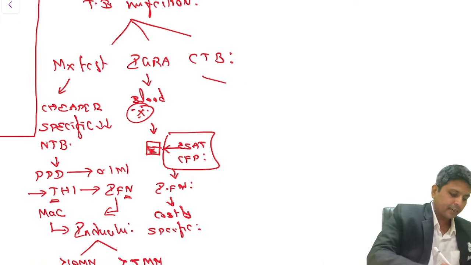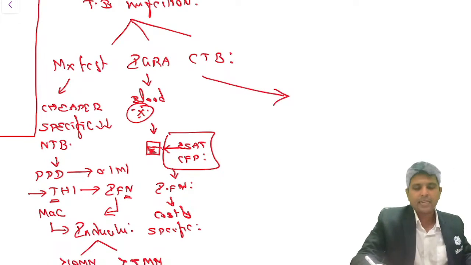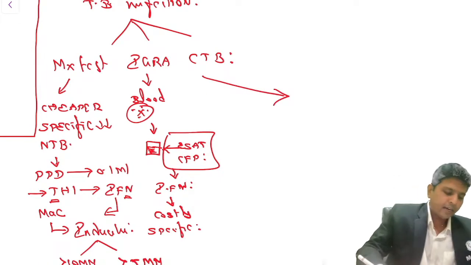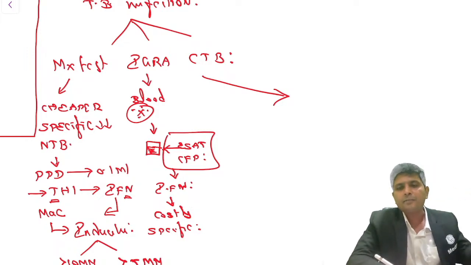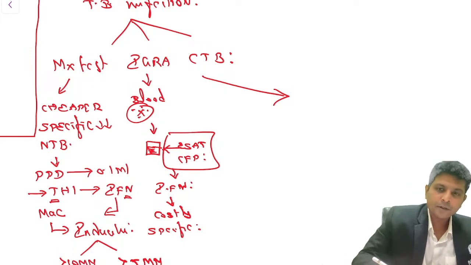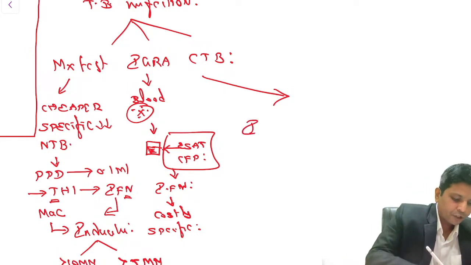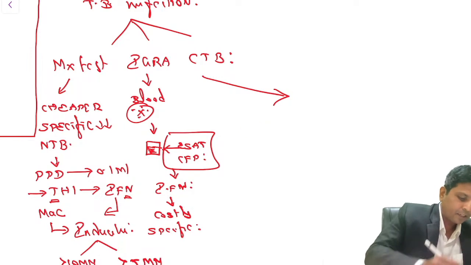And the third test that is going to come is C-TB, from Copenhagen. Here they have incorporated the principles of Manto and the principles of IGRA. So what is the principle of Manto? You measure the induration.